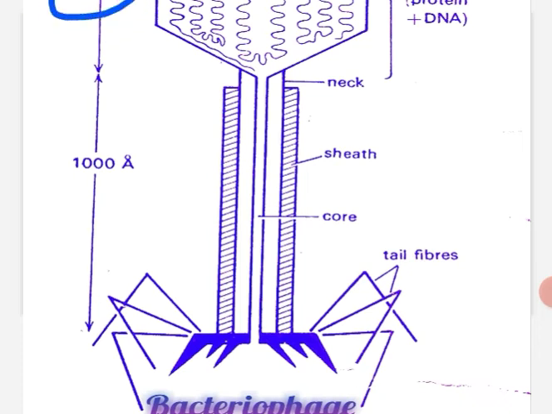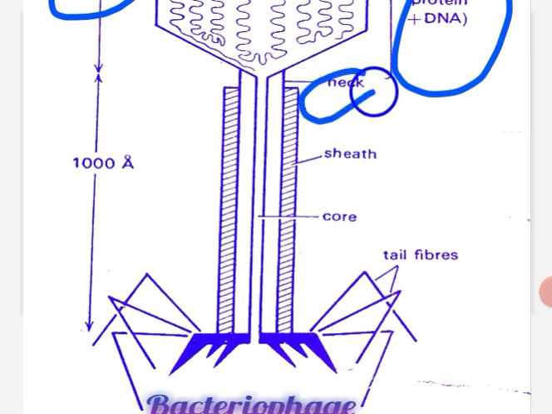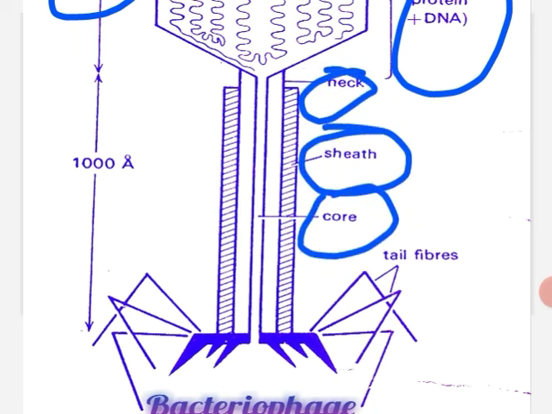Head size, thousand angstrom, head protein, here DNA, neck, sheath, core region, tail fiber. That is bacteriophage.